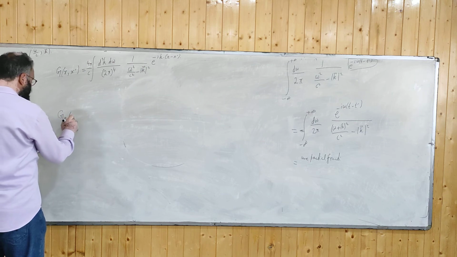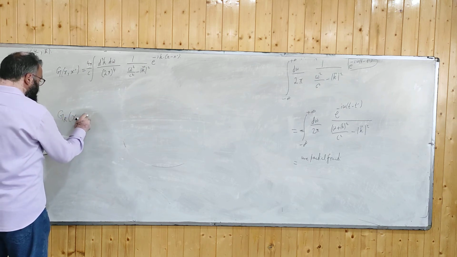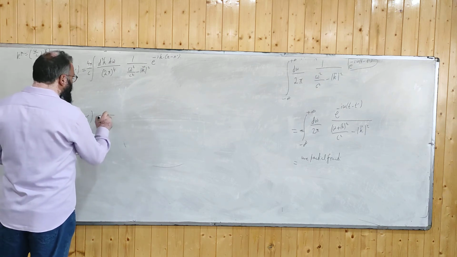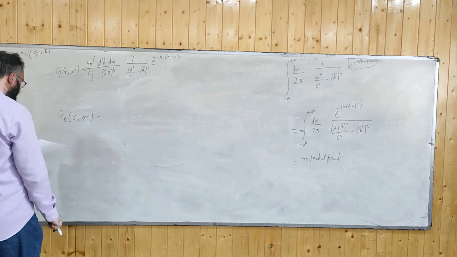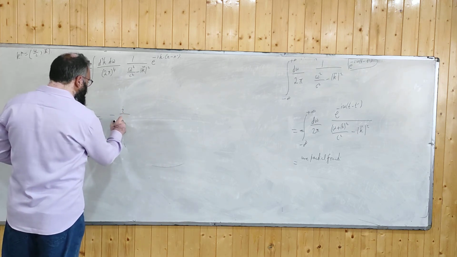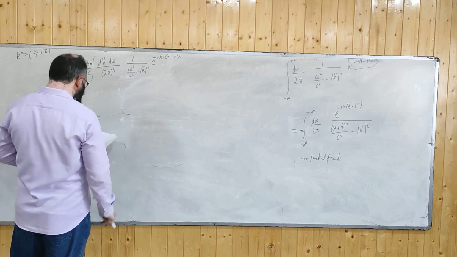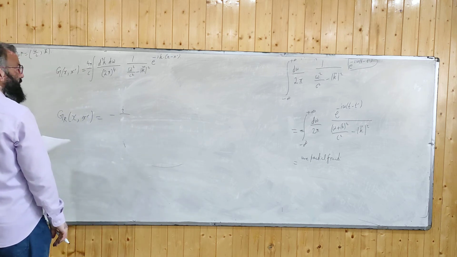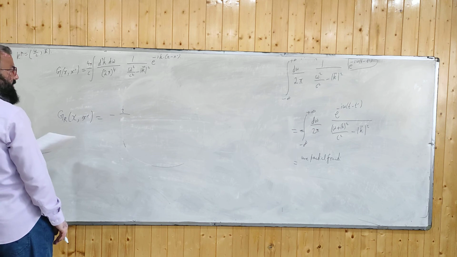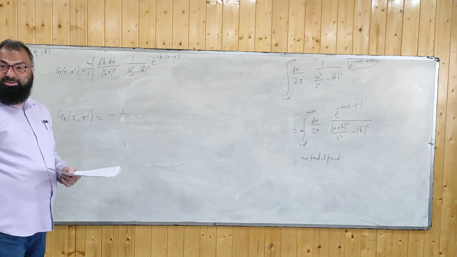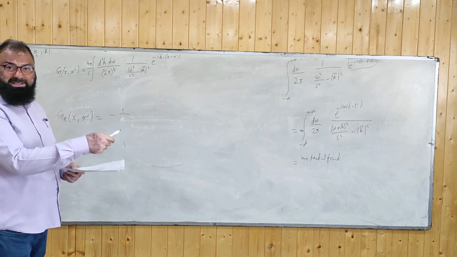G retarded Green's function, this x prime, that's equal to minus i by 2 pi square. Can you do it? This is a very simple integral.